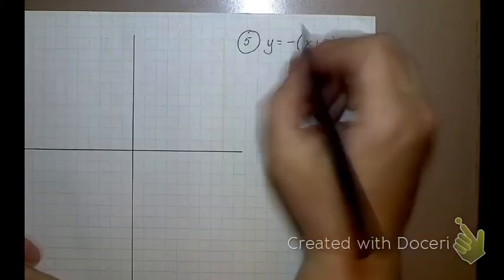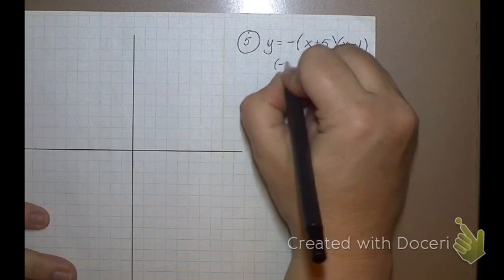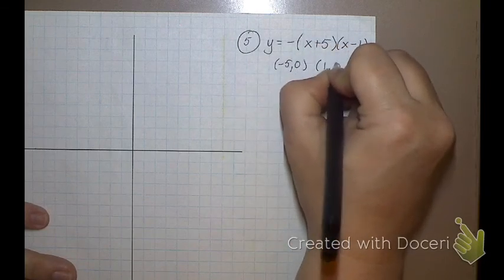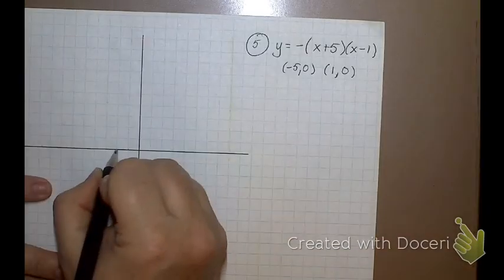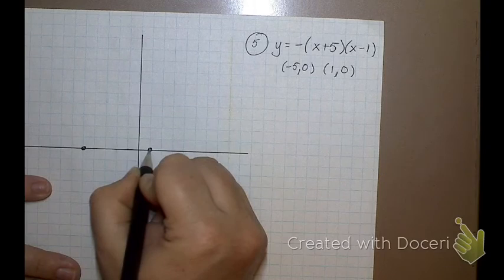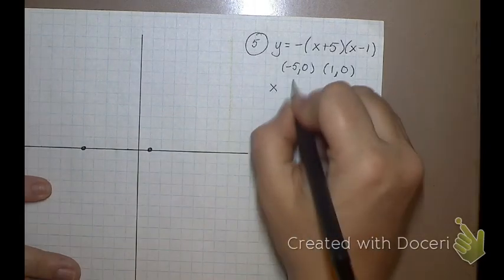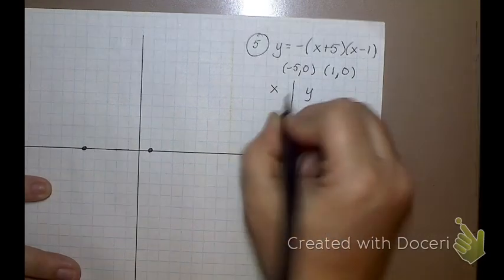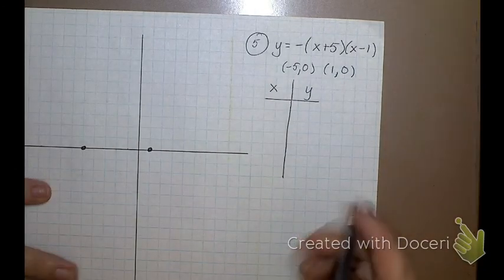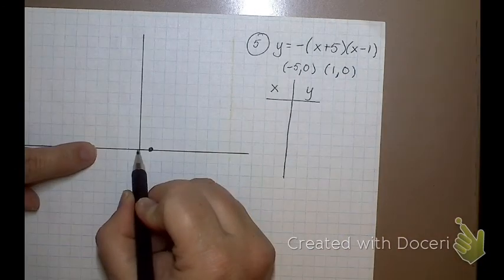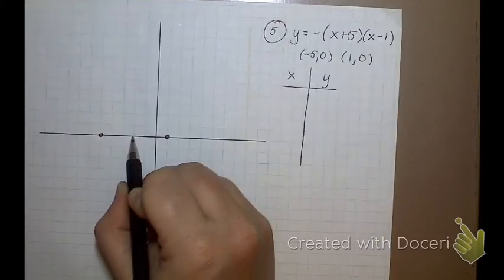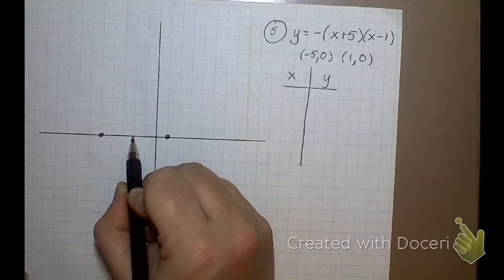My intercepts are negative 5, 0 and positive 1, 0. So, what is halfway between negative 5 and positive 1? I think it's right there. Does that look halfway between? Good answer. That's negative 2.